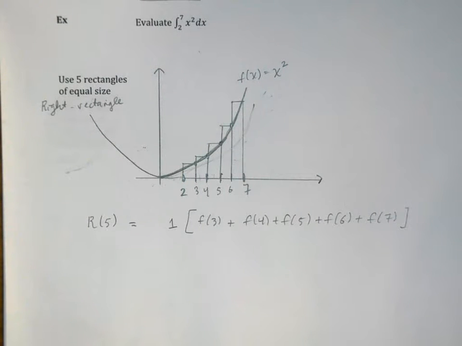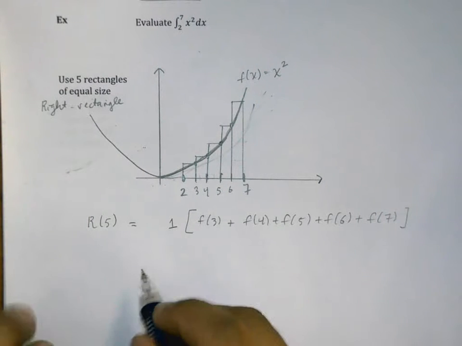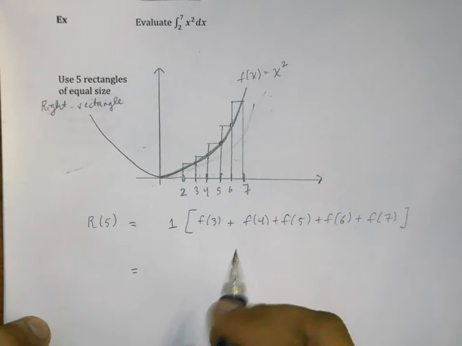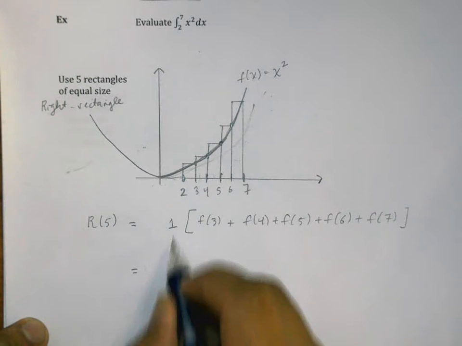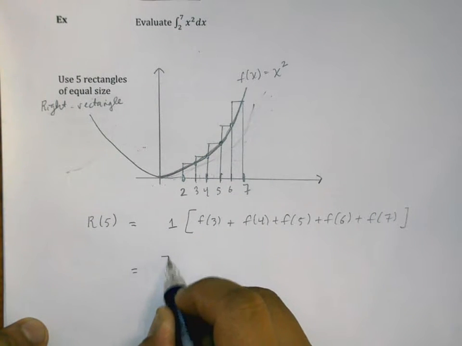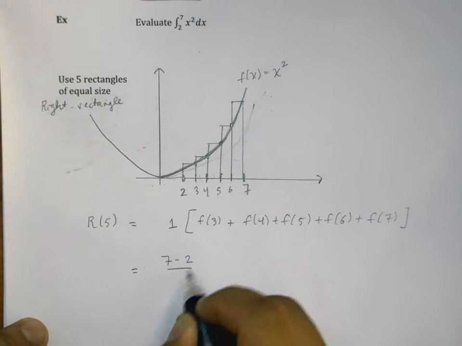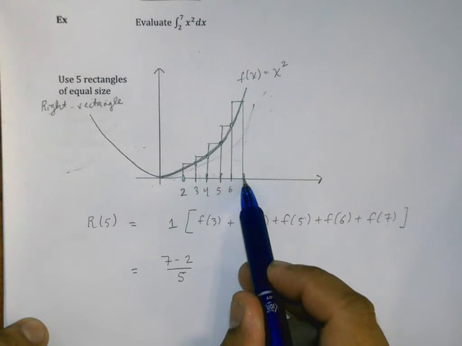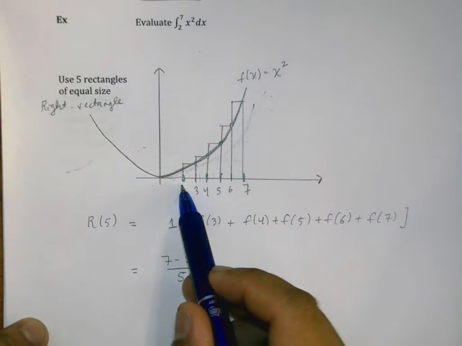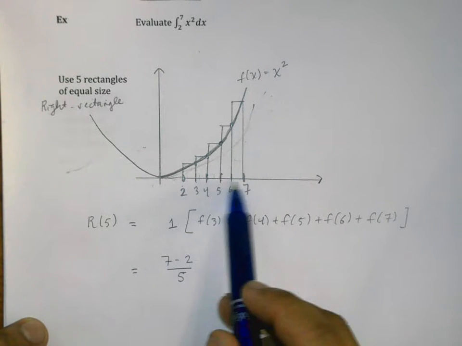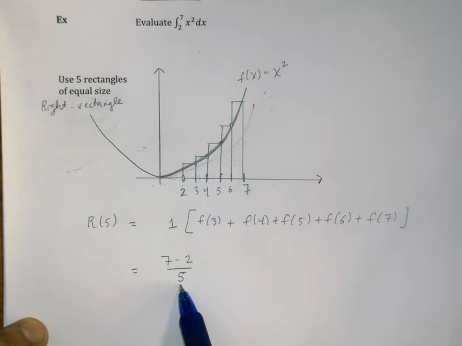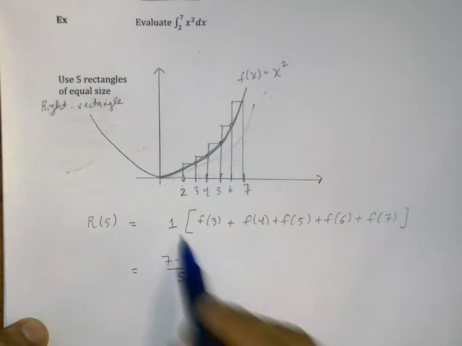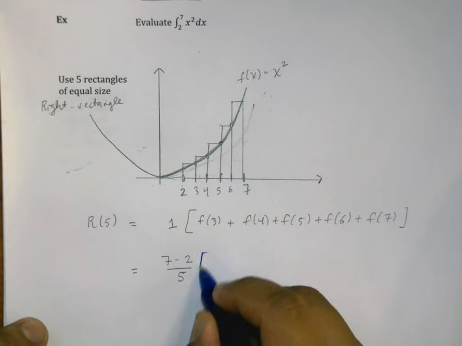So I'm going to write this in a way that seems overly convoluted, but I promise you will lead to something useful. I'm going to write this 1 here as 7 minus 2 over 5. Let's think about where this is coming from. 7 is the right endpoint, 2 is the left endpoint, and we're just taking the length of this segment and dividing it by the number of rectangles, and that is in fact 1.